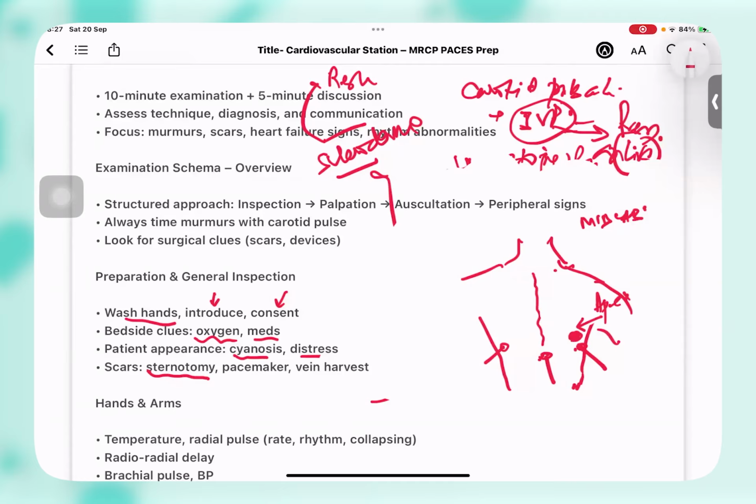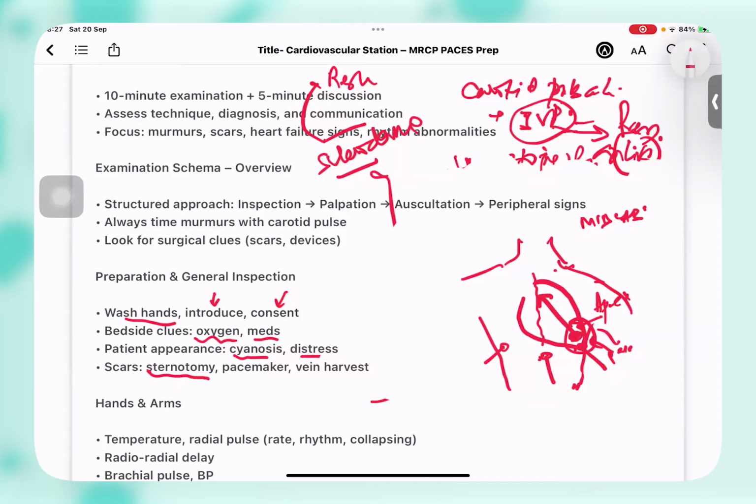First you see, then you palpate it, and where you palpate it, only then keep a stetho there. Why do you not keep a stetho directly? Because you cannot see the apex beat in every patient. So you'll have to feel it, and then once you know where the apex beat is, then you keep your stetho. Why? Because it is from the apex beat upwards that you do your cardiovascular examination.